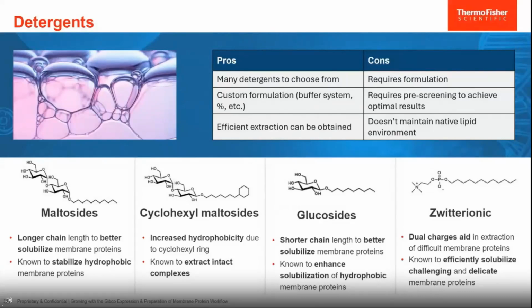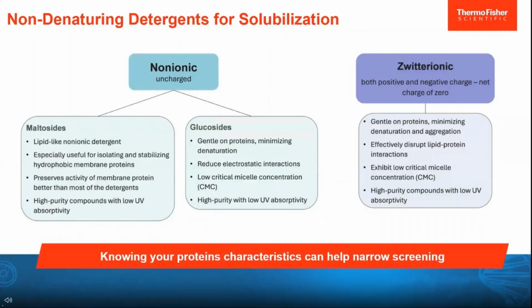In addition, when choosing between non-ionic and zwitterionic detergents for membrane protein extraction and stability, several factors must be considered. Non-ionic detergents such as DDM or OG are generally milder and less likely to denature proteins, and that makes them suitable for preserving activity and function.